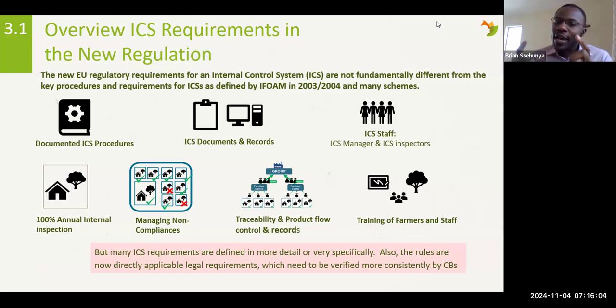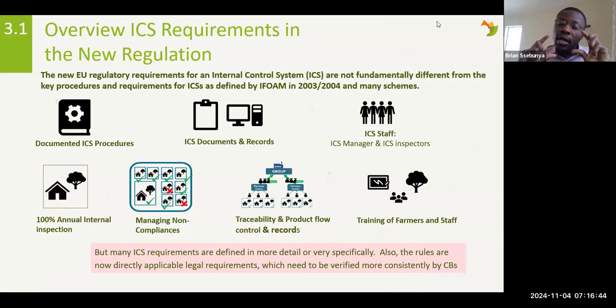There's a prescription around the ICS staff: who is an ICS manager, what roles do they play, what qualification do they have, what ICS inspectors are, etc. In terms of procedures, like when and how much of the annual internal inspection we have to do, how we manage non-compliance, traceability and product flow, training, etc. A lot of these components, you certainly know them and you've interacted with them in the old regulation, but here they are more defined and in a bit more detail because, again, the goal is about compliance.